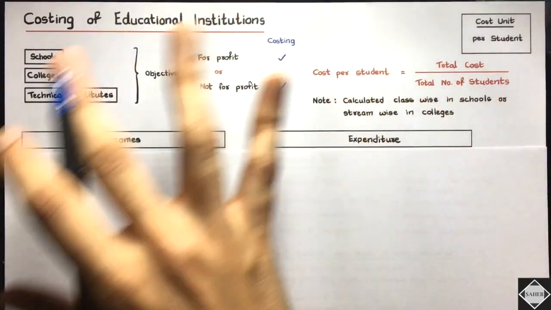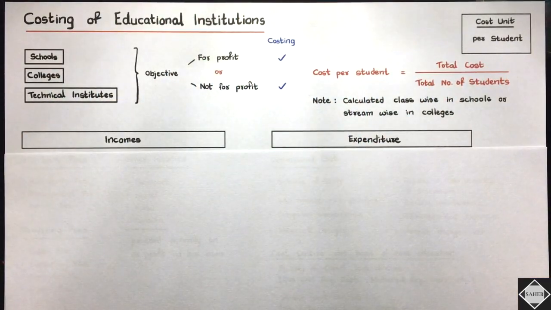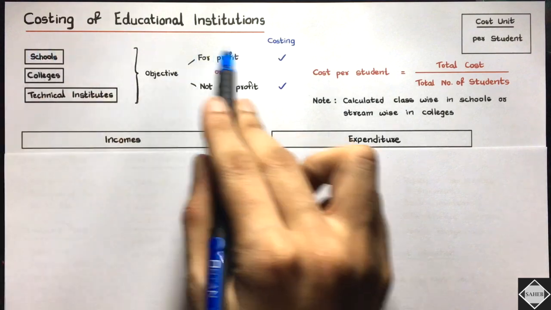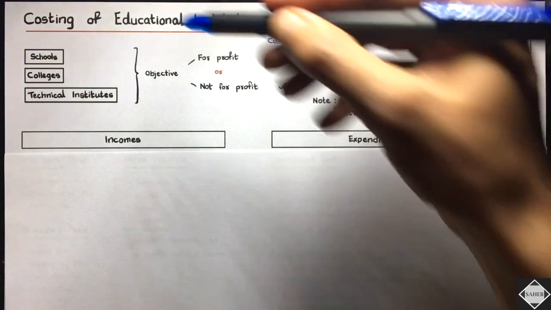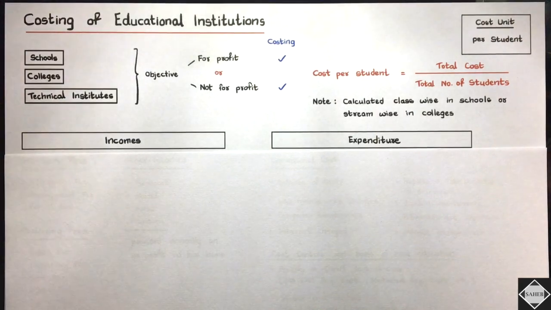Okay, let's begin. Now see, here we have the teaching industry. Let's understand how the costing of educational institutions is done. It's really simple. You all know what educational institutions are: schools, colleges, technical institutes, or any other training centers. All of that comes under this. So what is the objective over here?